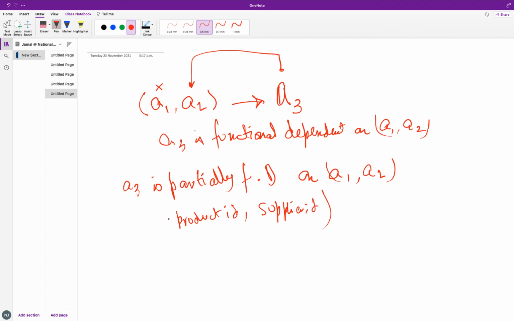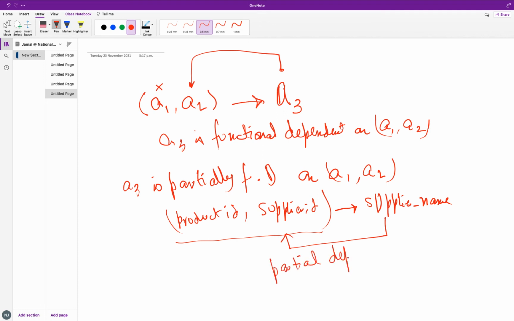This is a key, and there is one attribute, supplier name. Obviously this supplier name cannot be identified without this key, but you can see this supplier name is technically only dependent on supplier ID. There is no link between product ID and supplier name, right? So this is a partial dependency.